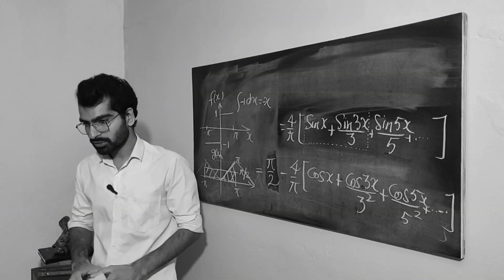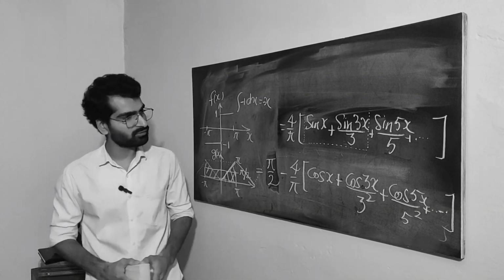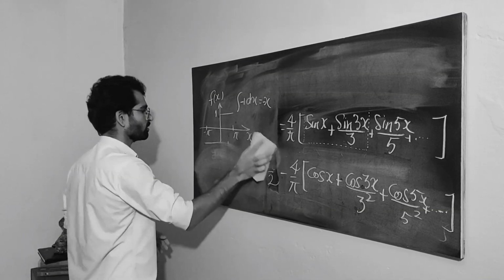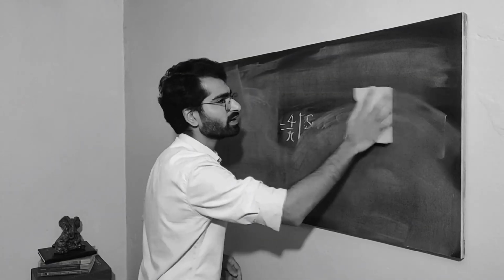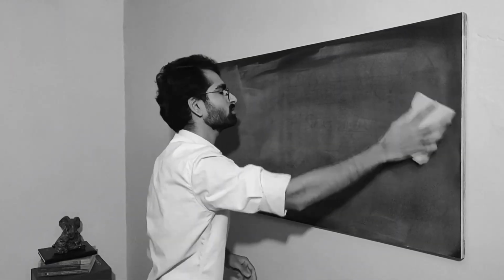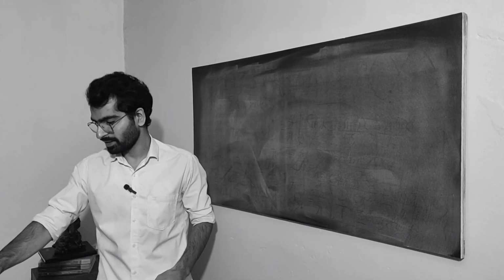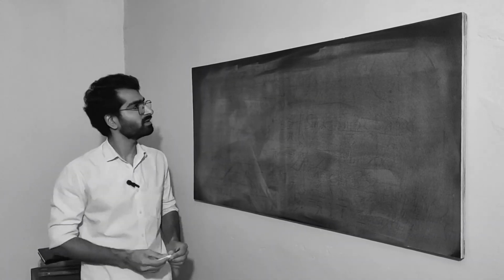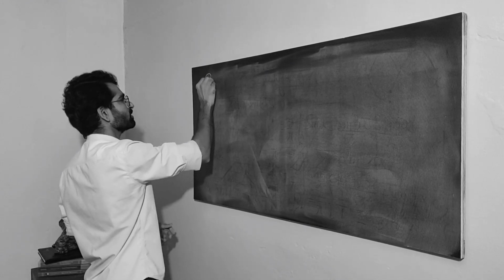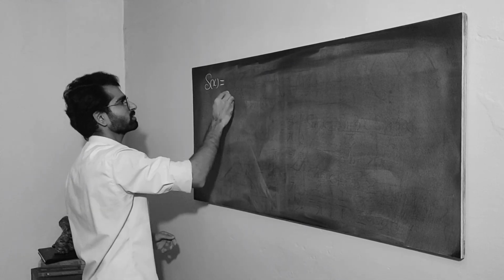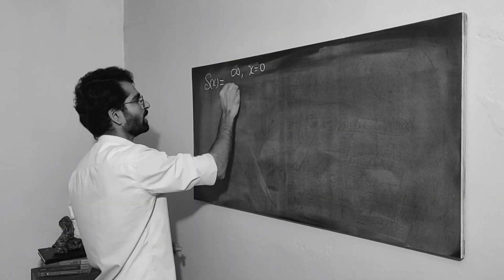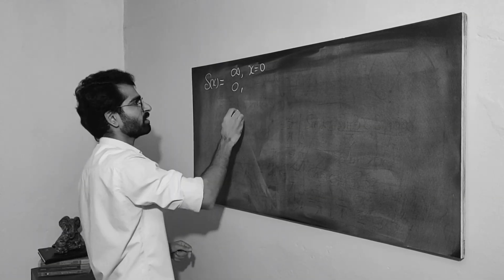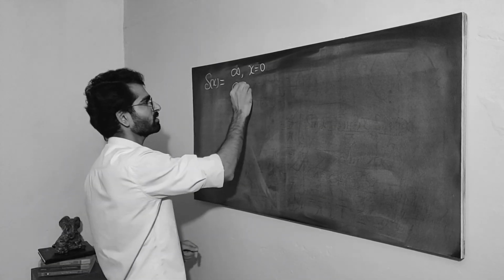Now I want to talk about the Dirac delta function. So that's the second example now, and I hope you know about it and its properties. The Dirac delta function is infinite at x equals 0, and it is 0 elsewhere between minus pi to pi.